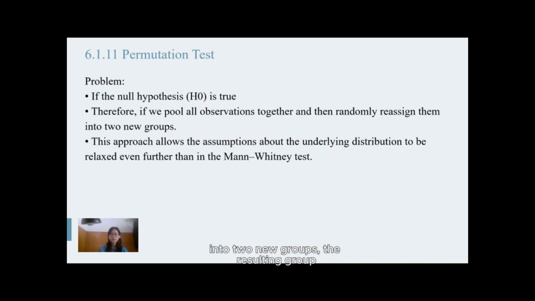The resulting group characteristics represent what could be observed by chance. This approach allows the assumption about the underlying distribution to be relaxed even further than in the Mann-Whitney test. The test has 7 steps.